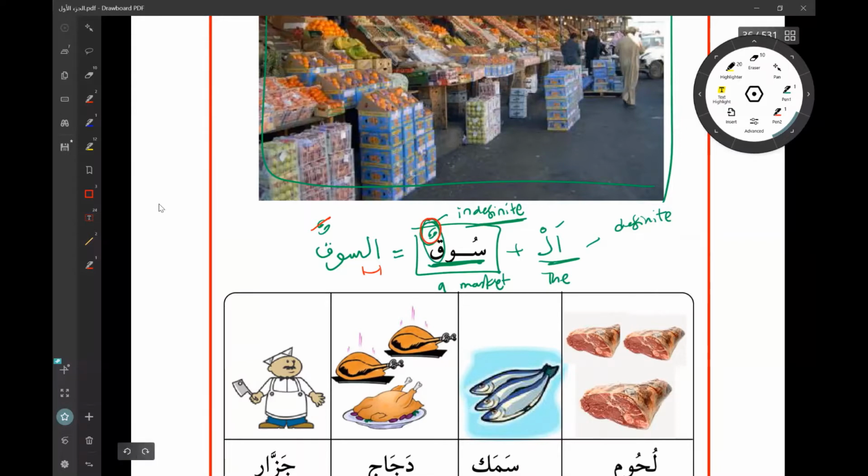We can have tanween of kasra, which is in, two kasras, and we can have tanween of fatha, which is an, like two fathas, right? So here we have tanween of dhamma, which we explained before is the default case. Every noun by default will have tanween of dhamma. Kitabun, qalamun, maktabun, suqun, right?